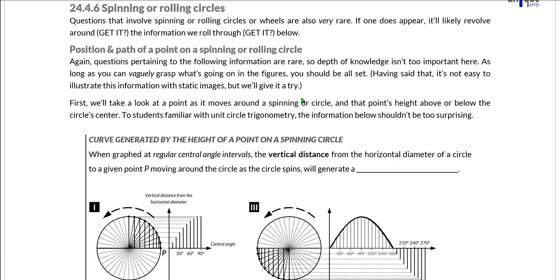We will say that some of this stuff, especially the stuff that we will talk about first, with this position and path of a point on a spinning or rolling circle, is based in unit circle trigonometry and graphing of trigonometric functions. You do not need to have learned that information yet in order to be successful on these questions.